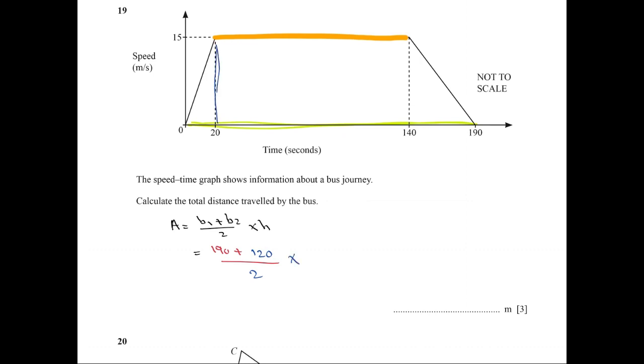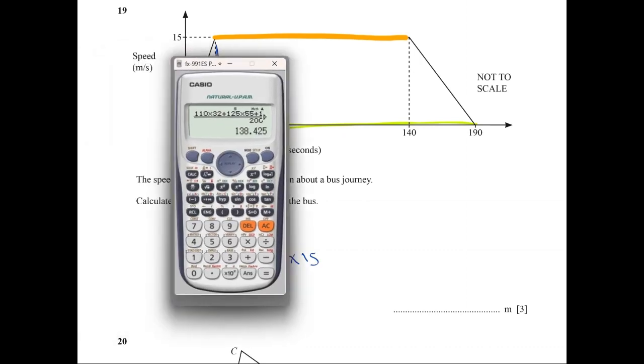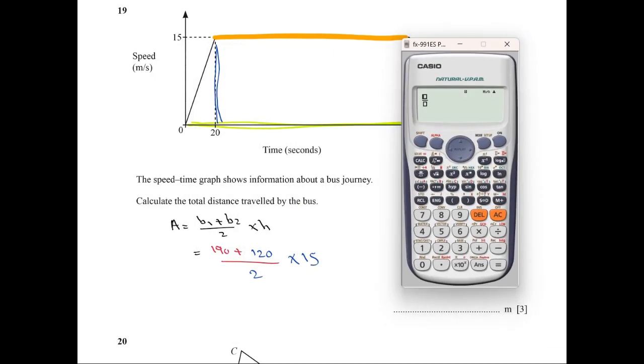This is the height of the trapezium, which is 15. Now we can find the area of the trapezium, 190 plus 120 over 2 times 15. And the answer is 2325.